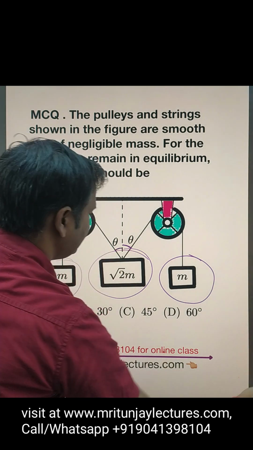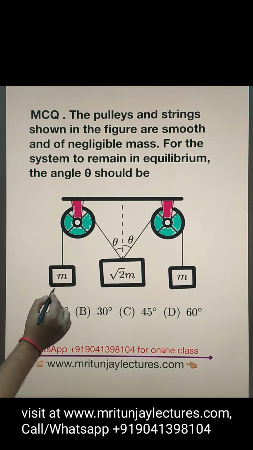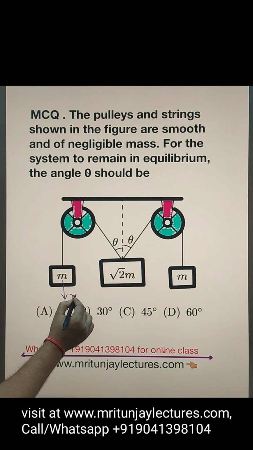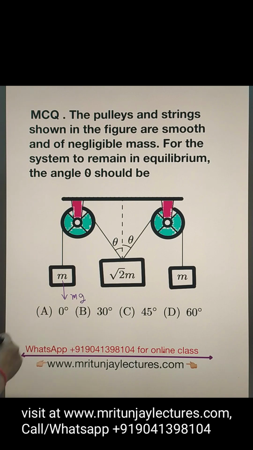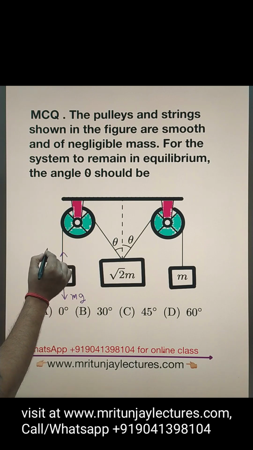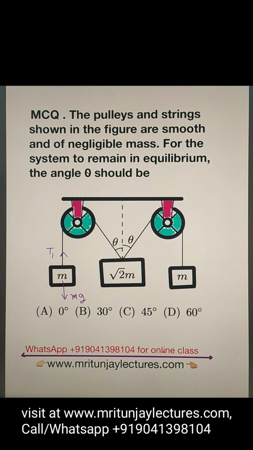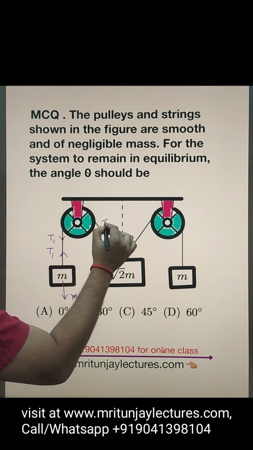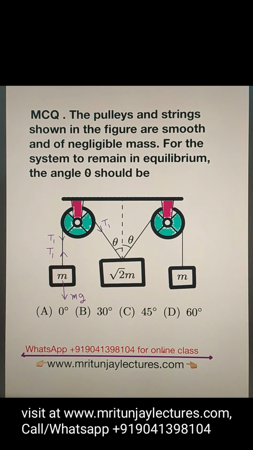First of all, if you see very carefully, make a free body diagram of that small m block. Mg always works downward, m into g. Tension develops in this string, suppose T1. Here also T1, here also T1. If the system is in equilibrium, this mass is not moving upward or downward, not in the x direction or minus x direction.